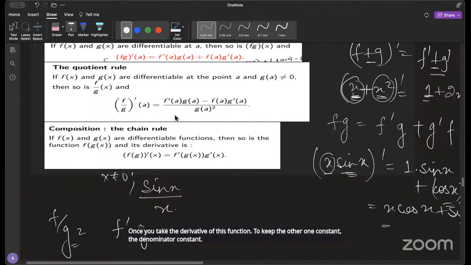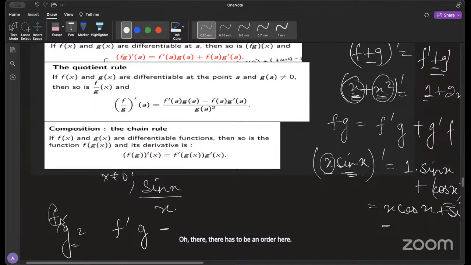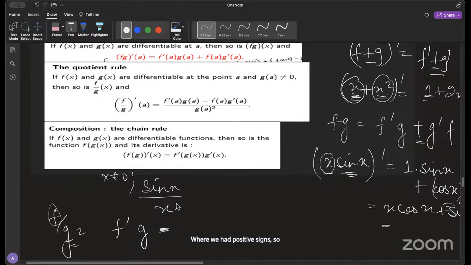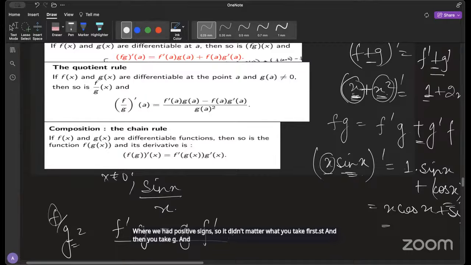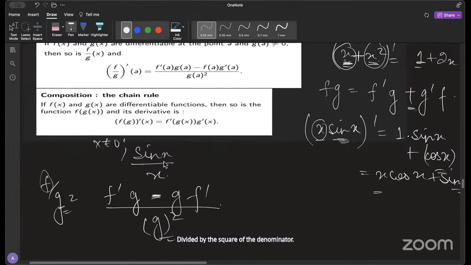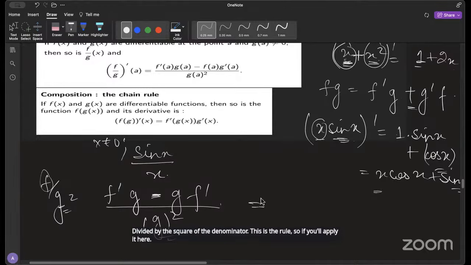Now there has to be an order here: derivative of this first and keep this one constant, because there's a negative sign. With the positive sign, it didn't matter what you took first. And then you take f times the derivative of g, divided by the square of the denominator. This is the rule.